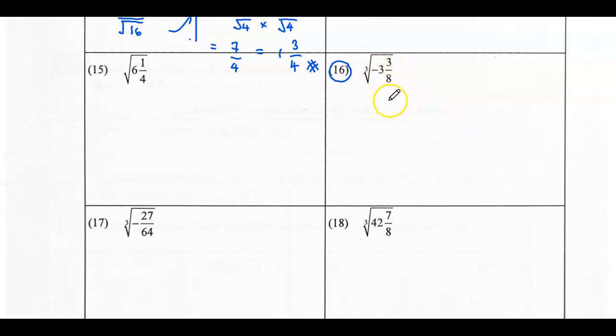Now as I mentioned before, we need to change this number into improper fraction. 8 multiplied by 3 is 24, plus 3, 27 over 8 itself.